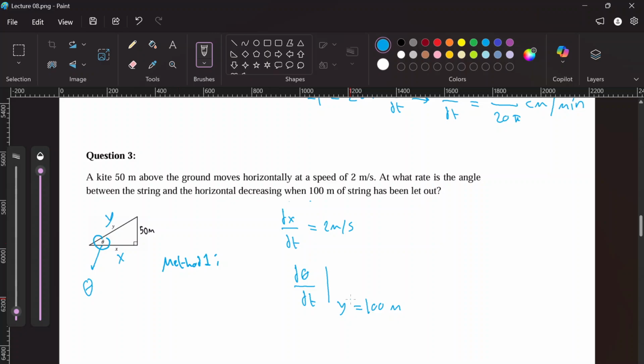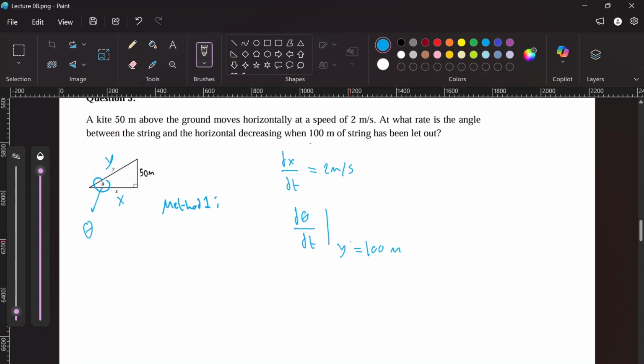Here, Pythagoras theorem is not good enough, because you want something having theta. You want to use cosine. Yes. Adjacent over hypotenuse. So cosine theta equals adjacent over hypotenuse. Adjacent is x, so x over y, right?